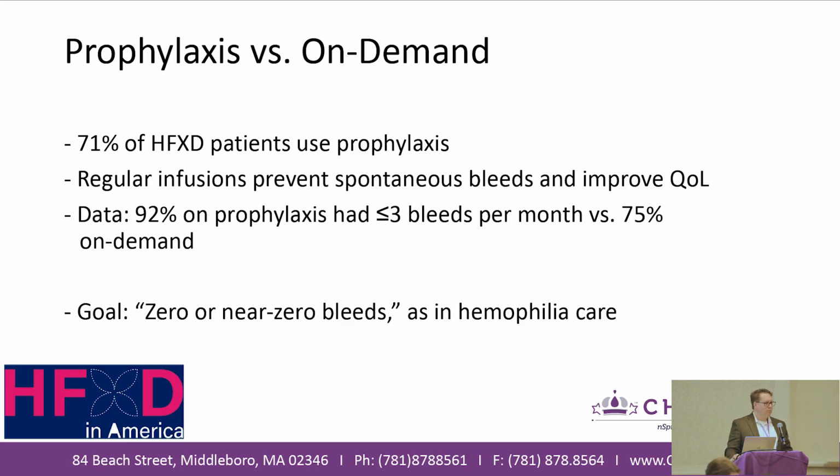We don't really see that in hemophilia because we say more than 3, 4, 5 bleeds a year is usually too much. And if that's not the case, then we are changing your drug or your dose or your dosing frequency. So I'm trying to raise this awareness with my provider colleagues to say that just because it's not hemophilia doesn't mean that they should be bleeding more. We can do these sorts of things too.